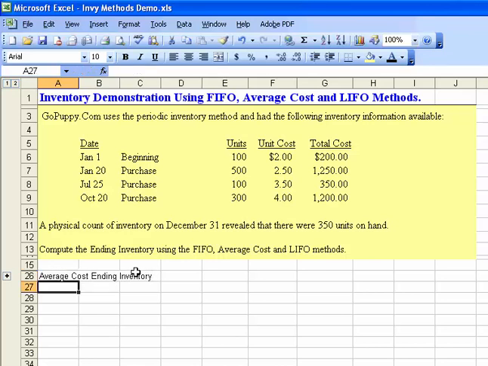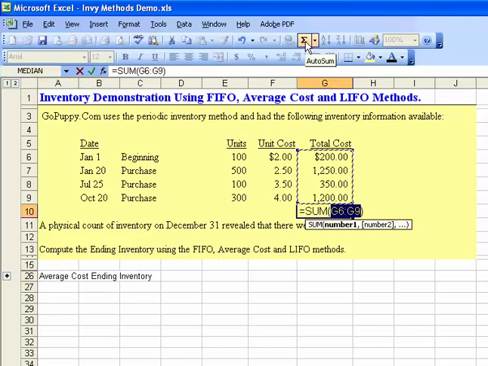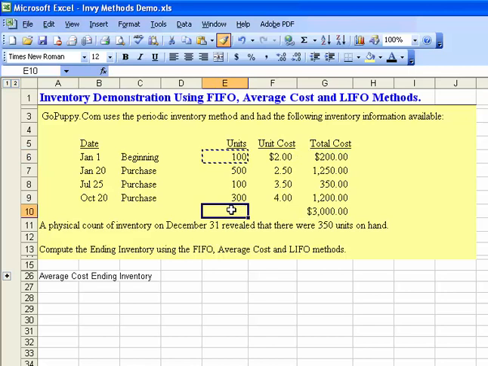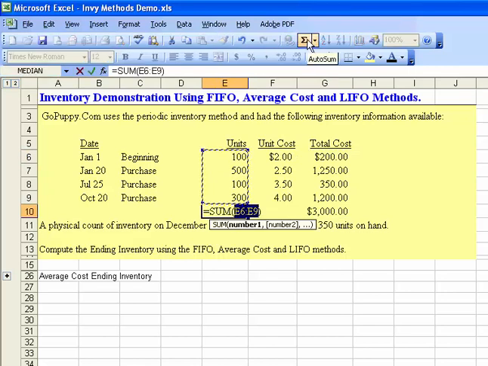Okay, on average cost ending inventory, I'm going to go up here and sum the total costs. I'm going to change that font to the same as this one, so it looks the same. In fact, why don't I do that right here, because I'm going to sum this as well.